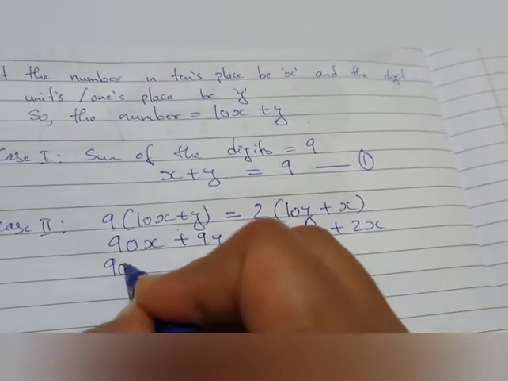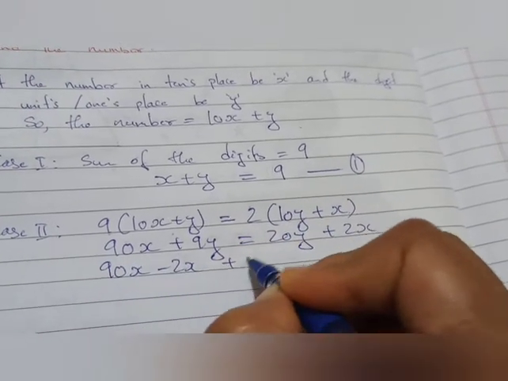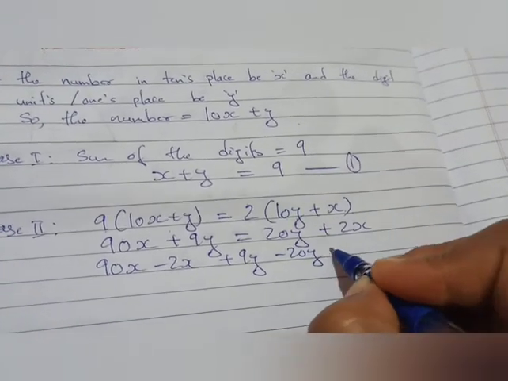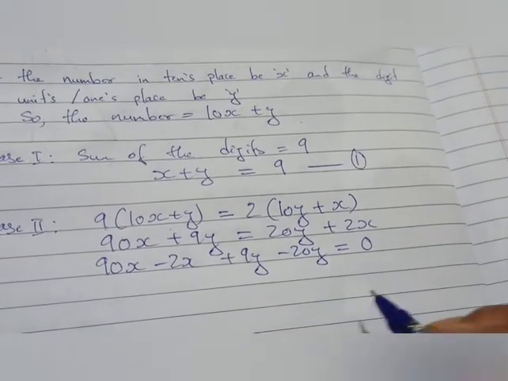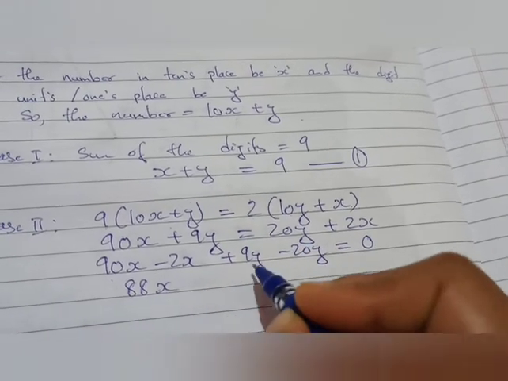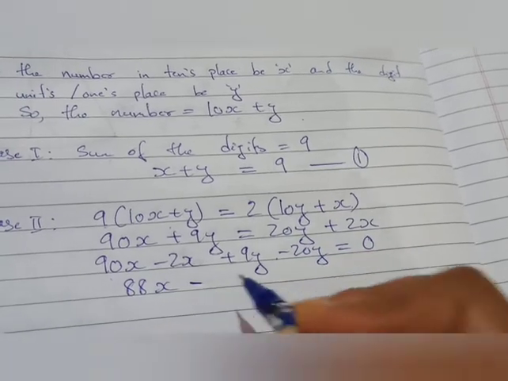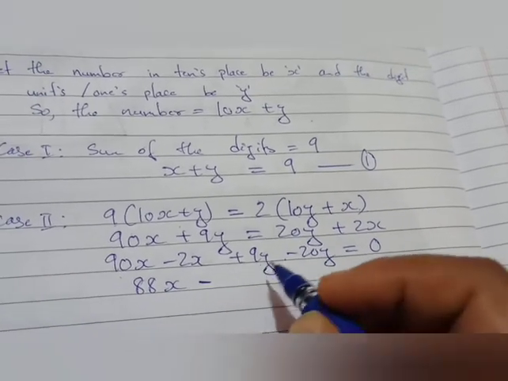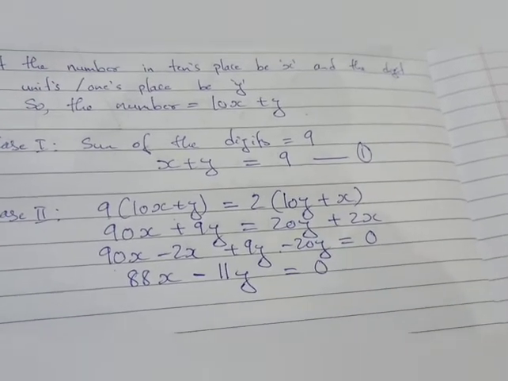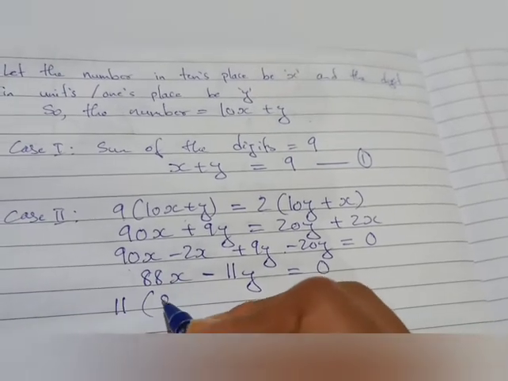Let's bring all the variables to one side: 90x minus 2x plus 9y minus 20y, and we don't have any constants, so equals 0. 90 minus 2 will give us 88x, plus minus minus, 20 here is the bigger number, so the minus sign will be retained. 20 minus 9 will be 11y equals 0. 11 can be taken common, so on taking 11 common, 11 eights are 88.